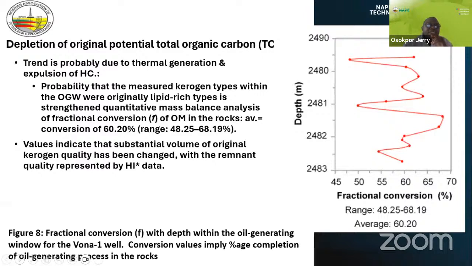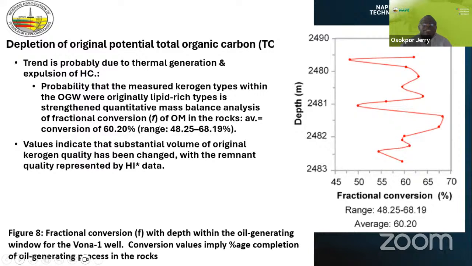So when we do this analysis, looking at the fractional conversion of organic matter within that area, we have an average of 60.2% conversion for the wells. Actually, it ranges from 48.25 to 68.19 percent conversion. And this is shown in this graph at different stratigraphic levels for the well.